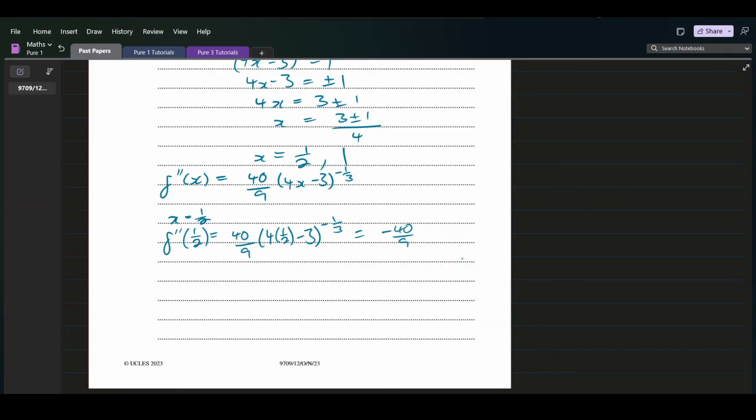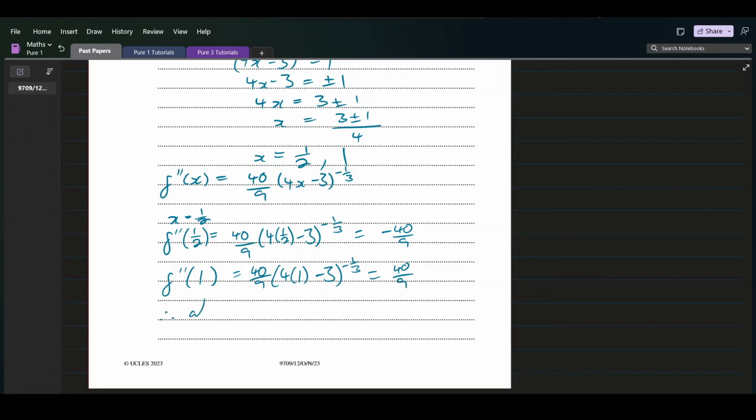And so that will mean this is a maximum point. Let's evaluate the other point. That's f prime prime of 1, and that's 40 over 9 times 4 times 1 minus 3 to the power negative 1 over 3. And if we substitute x with 1, we get 40 over 9. So this would be a minimum point.